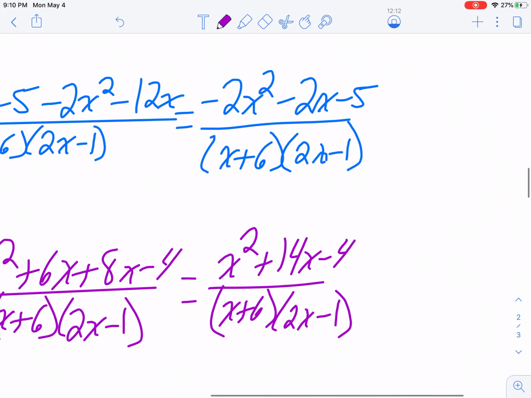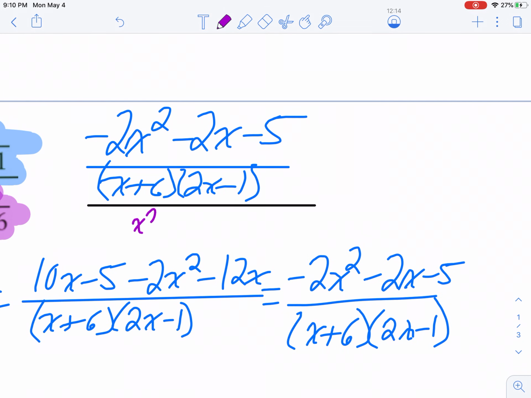Alright, so my blue is still up top. My bottom is my purple.